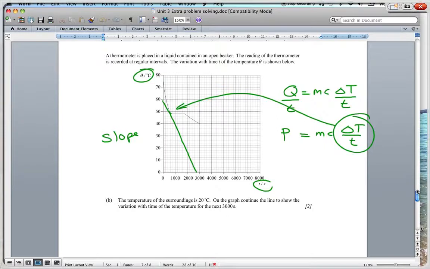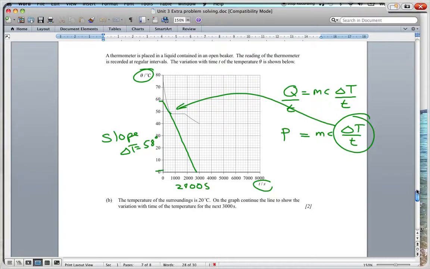Your change in temperature here is say about 58 degrees, and your change in time is something like say 2,800 seconds.